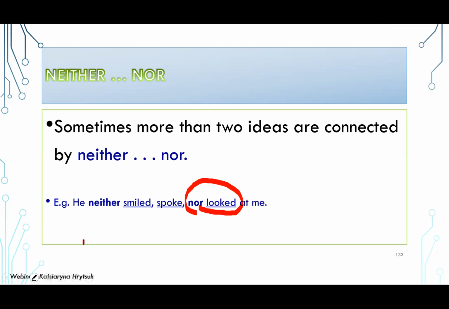He neither smiled, spoke, laughed, nor looked at me. It doesn't matter how many ideas you want to talk about: you have the first, the second, the third, the fourth, and before the last, you place nor.